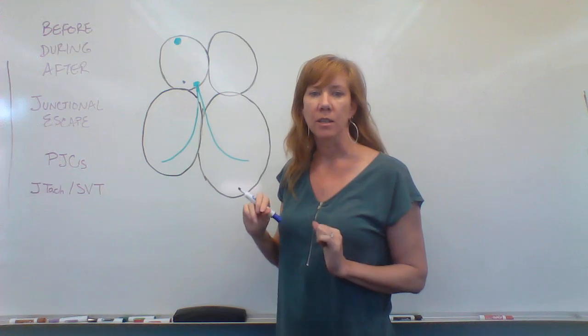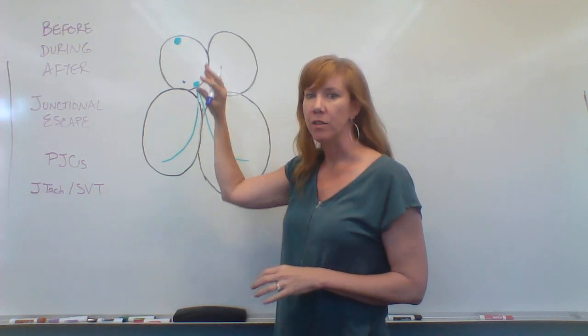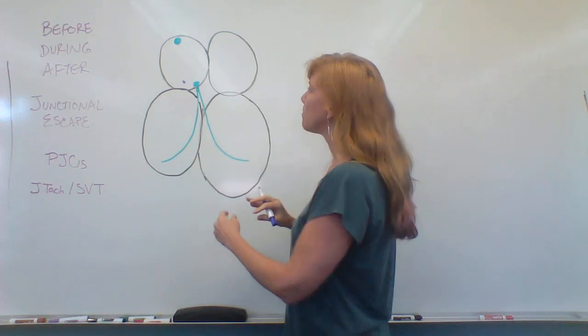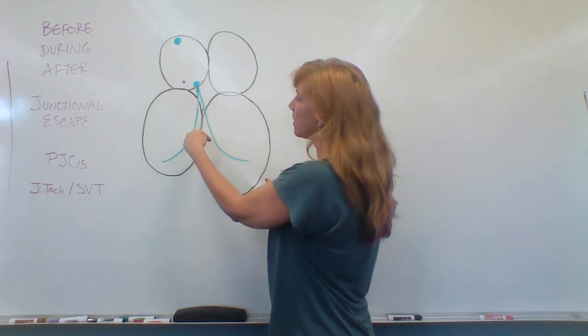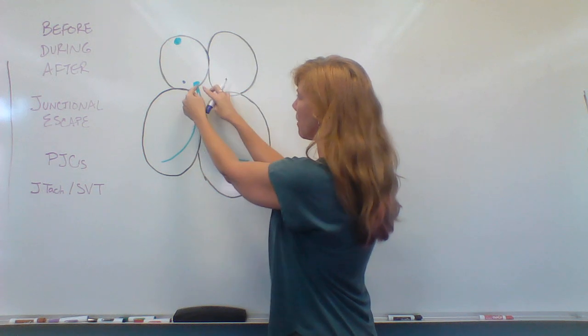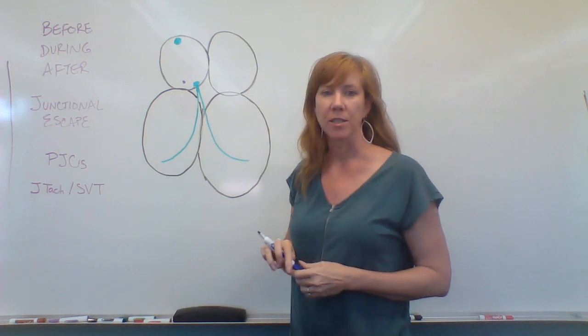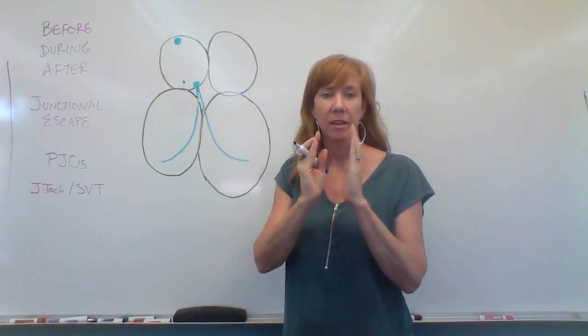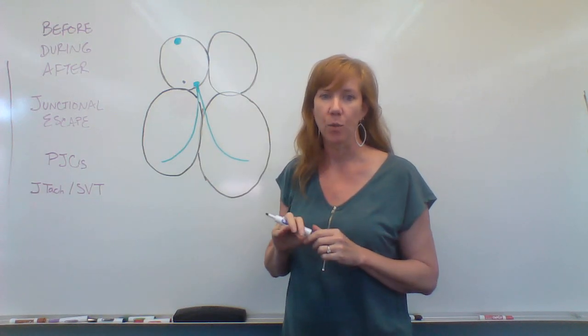So the question is, what would depolarize first, the atria or the ventricles? Well, going this way, the electricity is going to go to the AV node and travel the normal bundle branch system. So the QRS is going to be skinny and normal looking, less than 0.12.